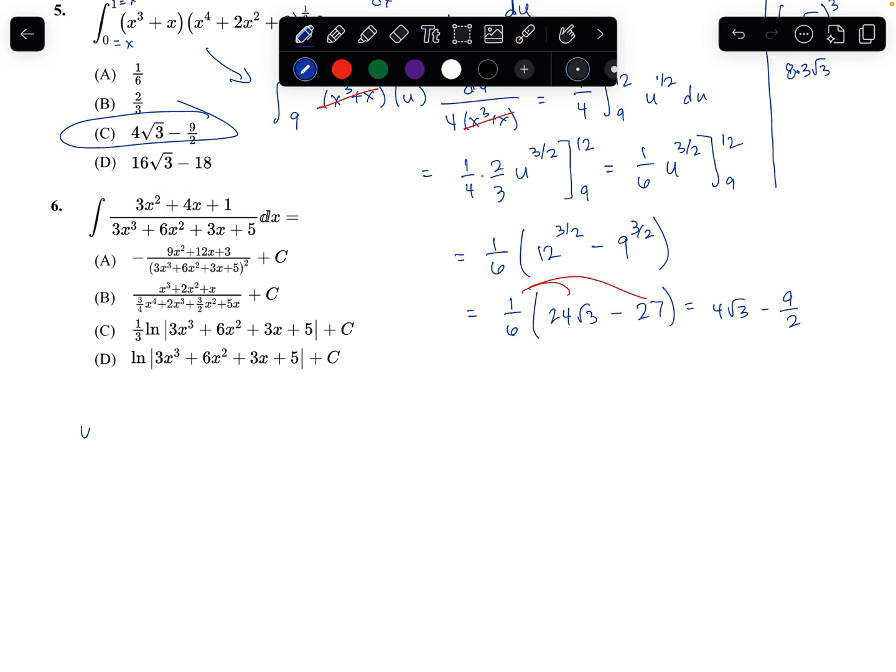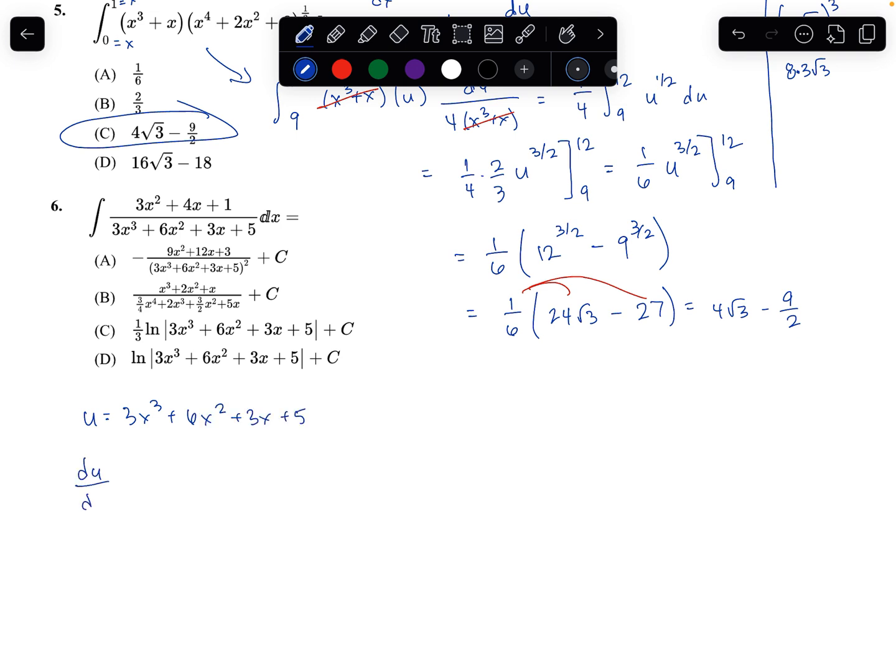So let's say that I allow u to be equal to 3x to the 3rd plus 12x plus 3. Now, wait a minute, that should be 9. Let me redo that. So I'm going to let u equal 3x to the 3rd, sorry, I jumped the gun right there, 6x squared plus 3x plus 5.